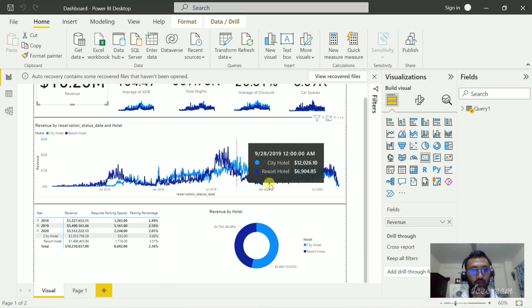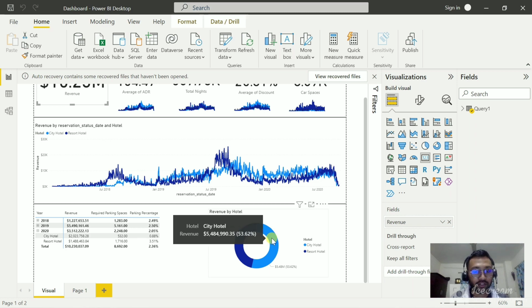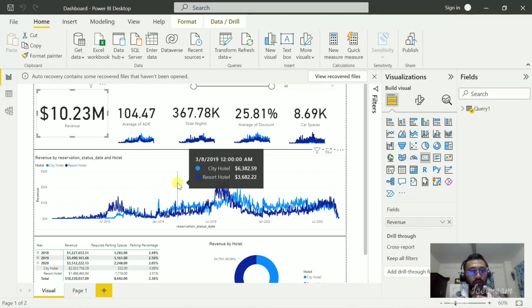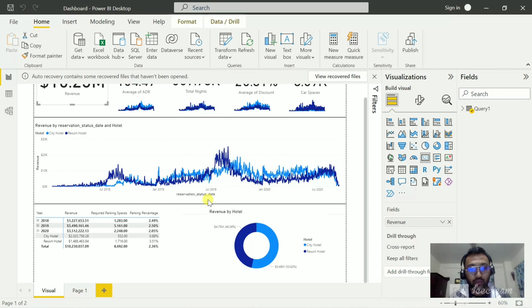Beside it, there is also some other attribute like our total contribution of total revenue. Basically, I have two types of hotel, city hotel and resort hotel. So about the contribution, or you can say the percentage, for those two hotel types, you can see here in the revenue by hotel type that 46.38% of the total revenue was generated from resort hotel, and the rest of the revenue was generated from the city hotel.